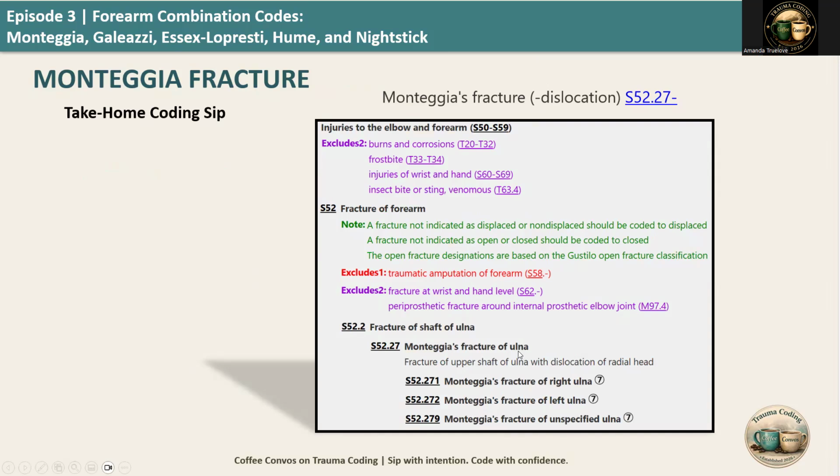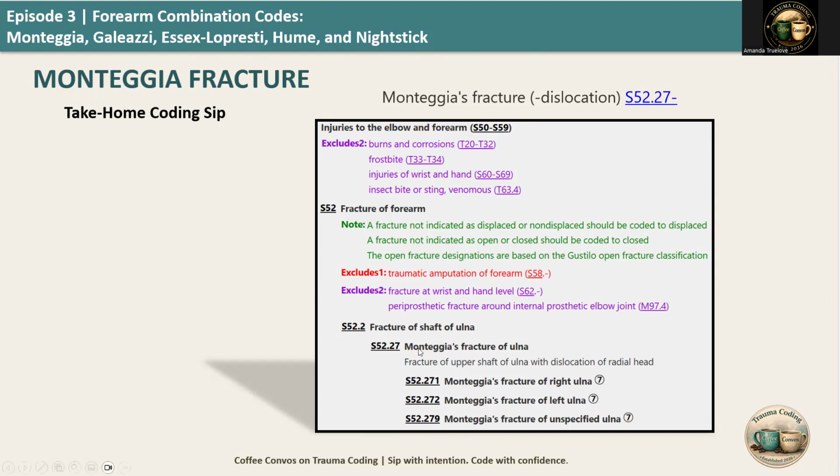While it is coded to the ulna, because we are assigning it to the eponym code description, then we know that that includes that radial head dislocation. And that is where it is part of our professional responsibility to understand the fracture patterns and the injury patterns for these eponyms so that we assign them appropriately and do not over or under code.